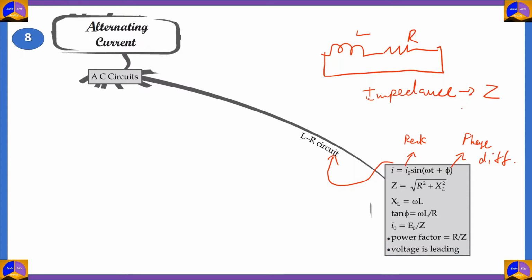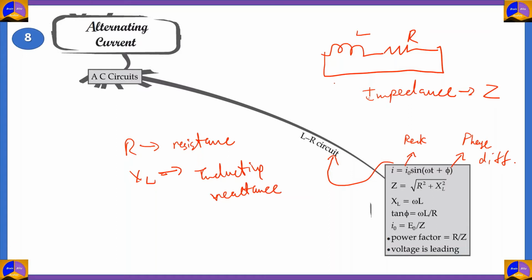So we use the impedance Z, and the value of Z is equal to the root of R square plus XL the whole square. Now, R is the resistance, and XL is known as inductive reactance.